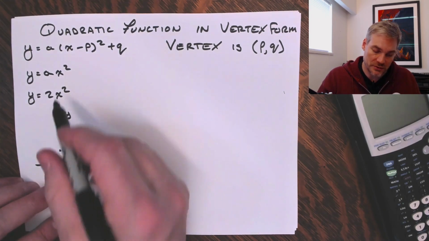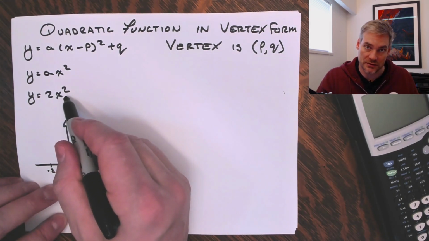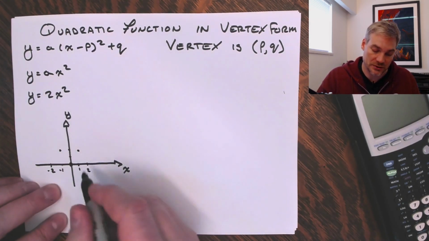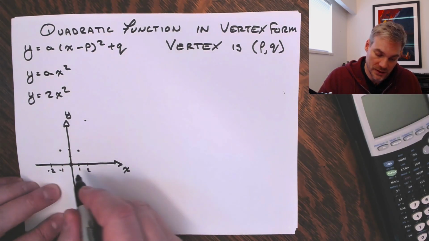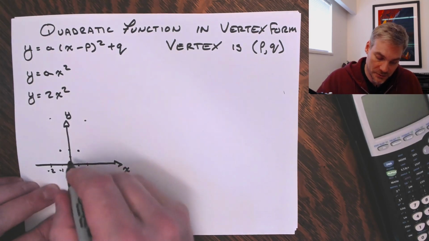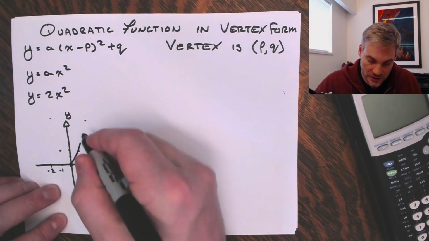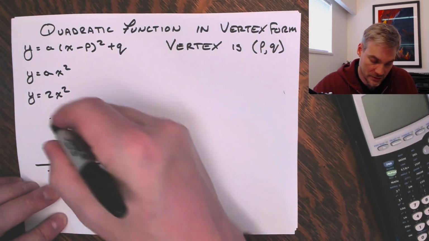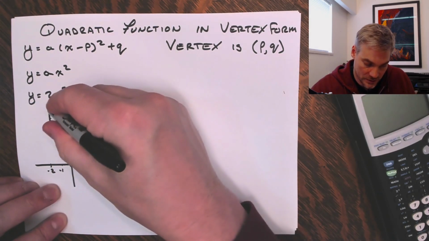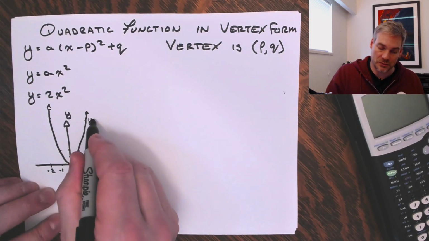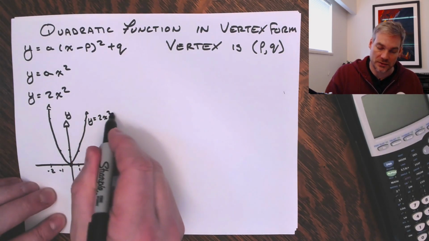If we put 2 in there, we have 2 times 2 is 4, times 2 is 8, so it's going to be way up here. And now we'll have the same up here, and we'll fill this in and go like this. Okay, so this is y equals 2x squared.